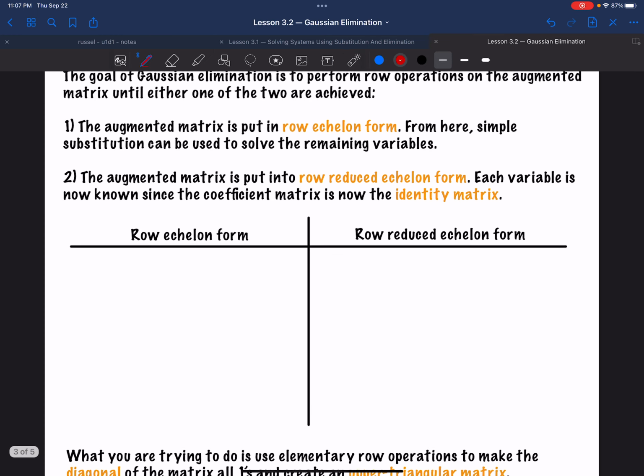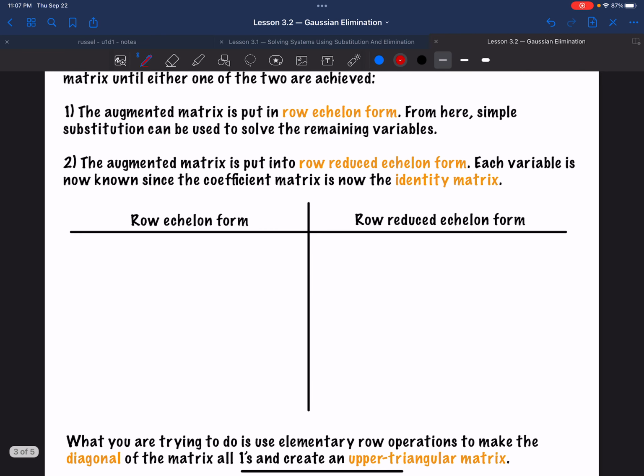Well, let's say I had a 3 by 3 matrix. I have a diagonal of 1s with 0s beneath them. And then I could have different numbers all aside. And then in my augmented matrix, I might have some constants over here.